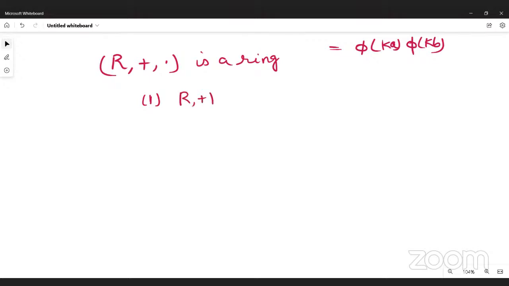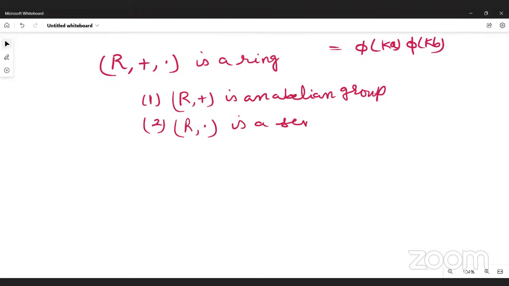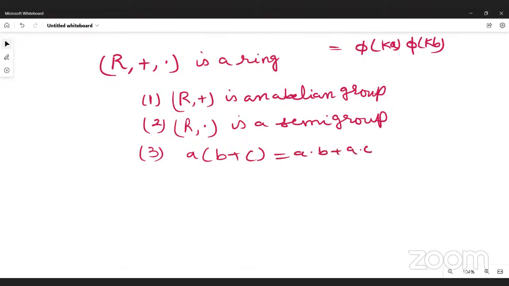If first, R plus is an abelian group; second, R dot is a semi-group; and third, distributive laws are satisfied. That is, A into B plus C is A into B plus A into C, and B plus C into A is equal to B into A plus C into A.